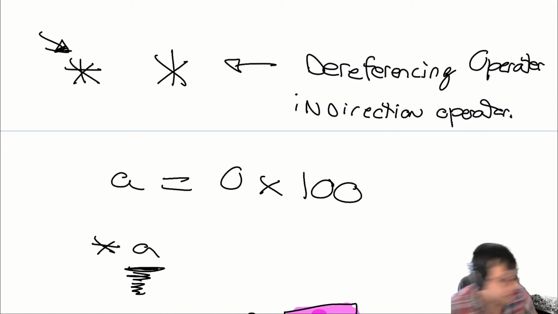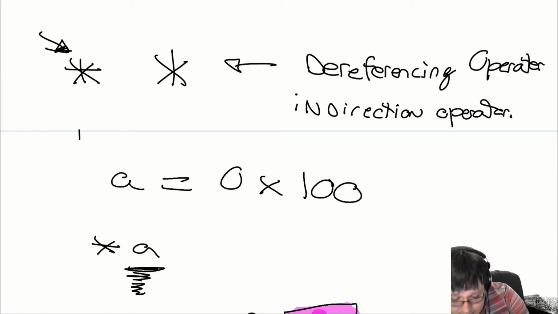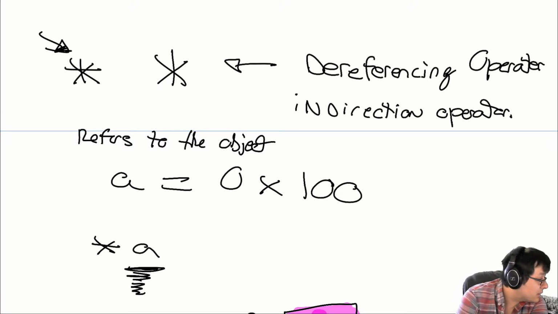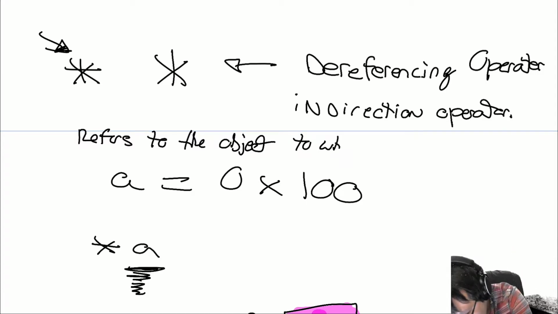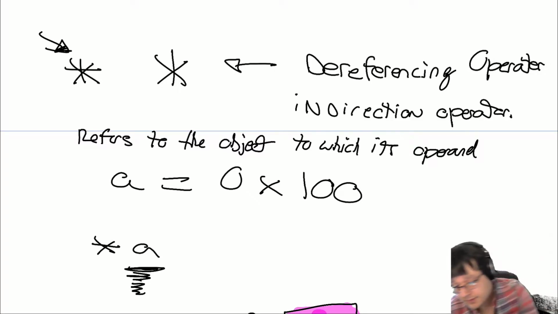And for the dereference operator, I guess I'll put the formal definition, which is: refers to the object to which its operand points.